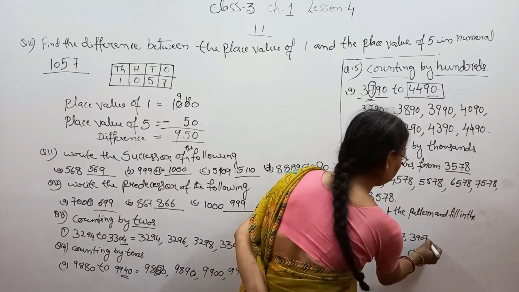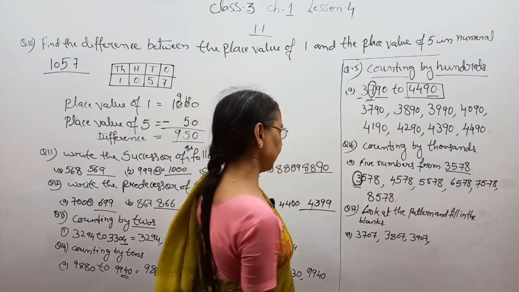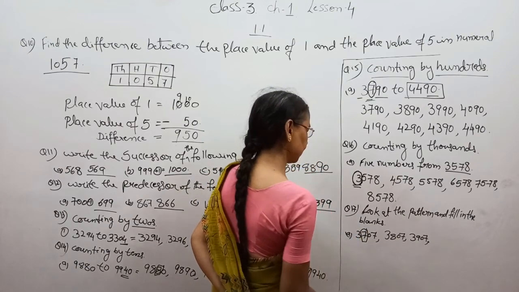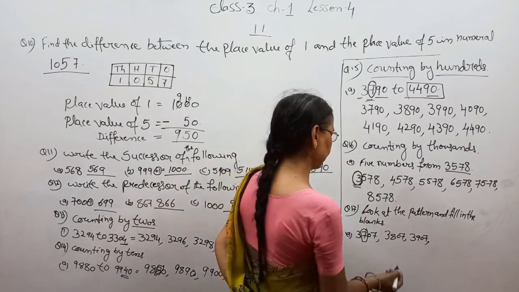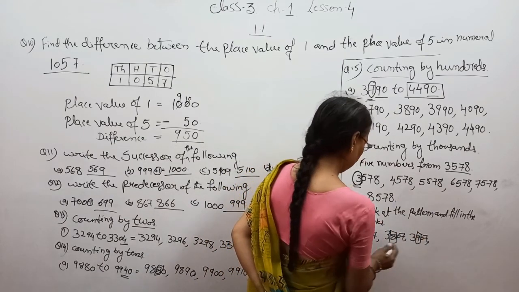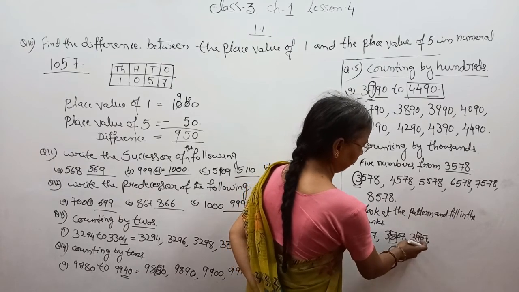then 3907. In this question, the number will be 4 digits. The third digit, that is the hundreds digit, will be changed consecutively. Here it is 7, here it is 8, and here it is 9.